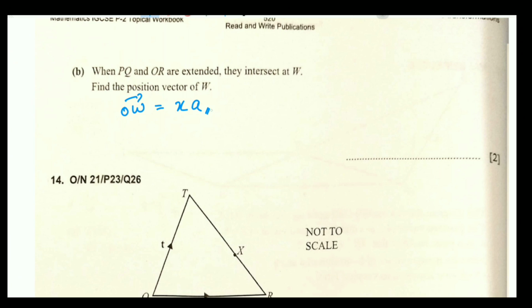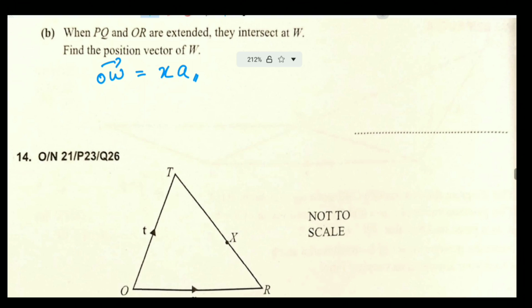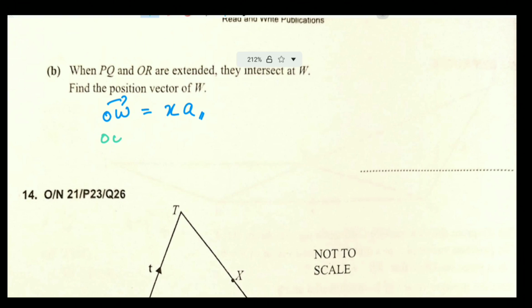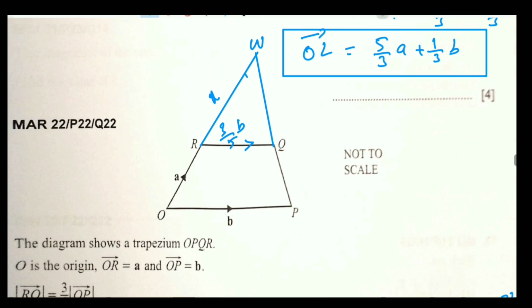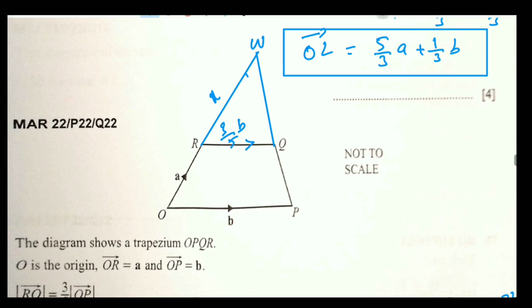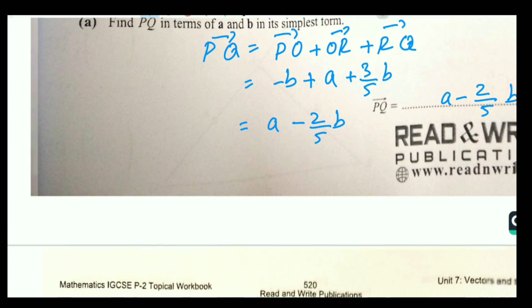So now what we will do, OW is equal to OP plus PW as well. If we choose this path, OP plus PW, we will write here OP plus PW.